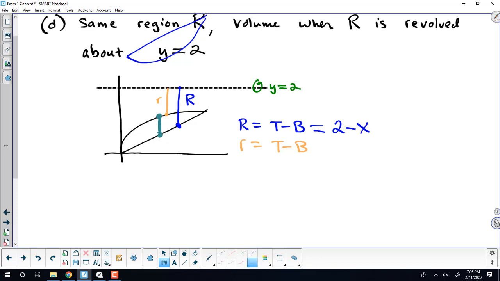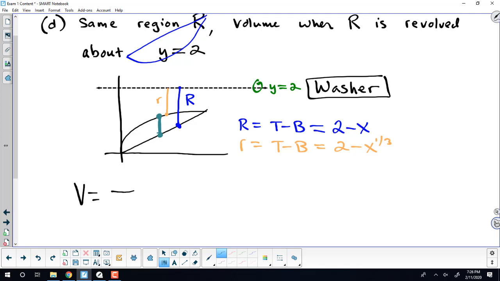And the small r, inner radius, would be 2 minus x to the 1/3. This is the washer method. So the thing that changes here, we've got pi times capital R squared minus lowercase r squared.